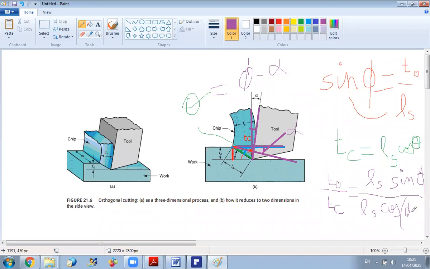So Ls will be simplified, and then you will get that the ratio is a function of the angles phi and alpha.